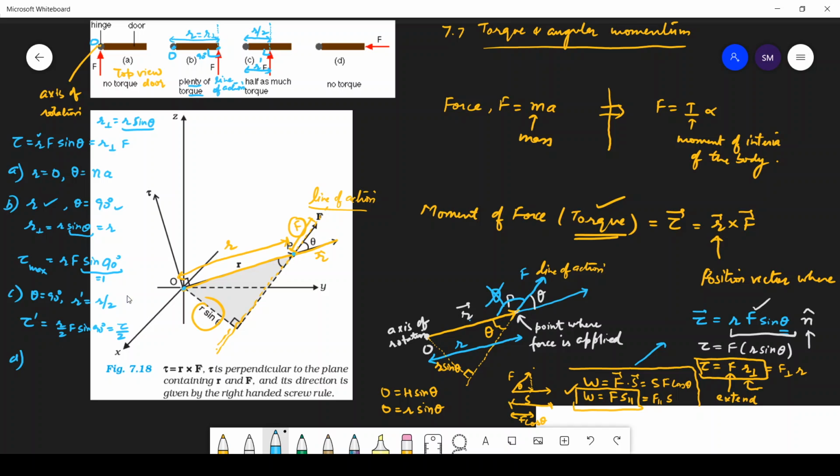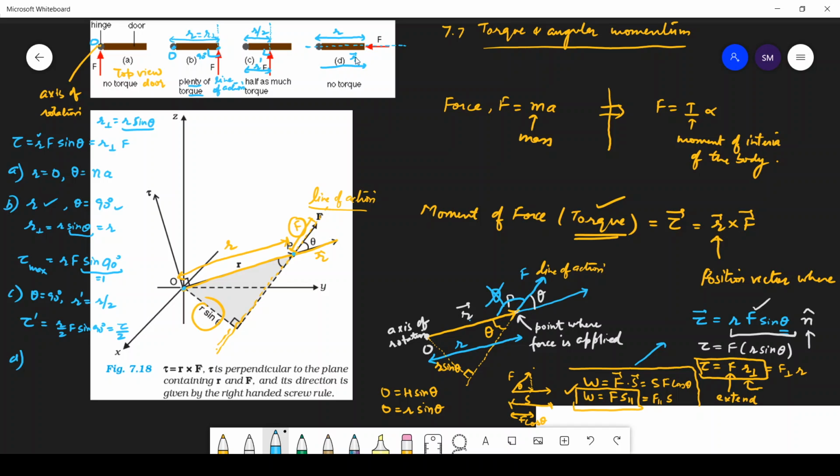Now in figure D, what is the angle here? What is R? This perpendicular distance is the same here, the R. What is theta here? This is your line of action. What is the angle between R and the line of action? 180 degrees.